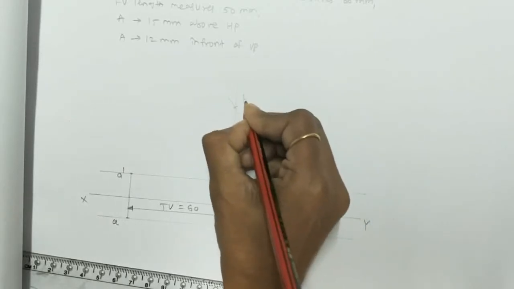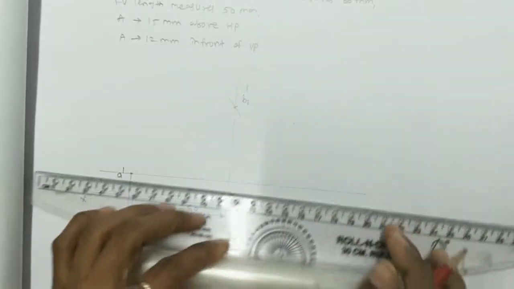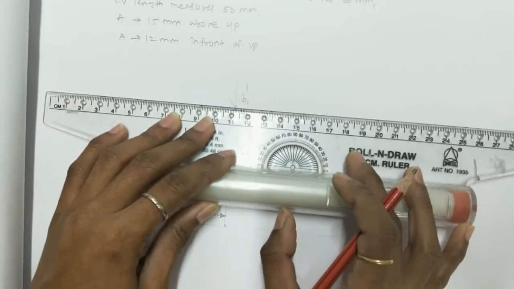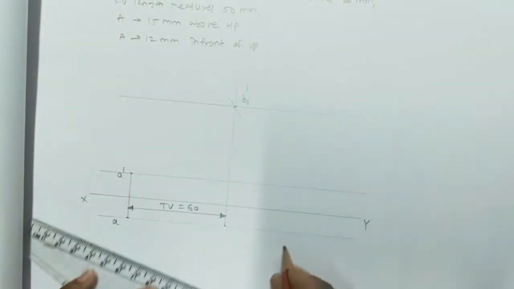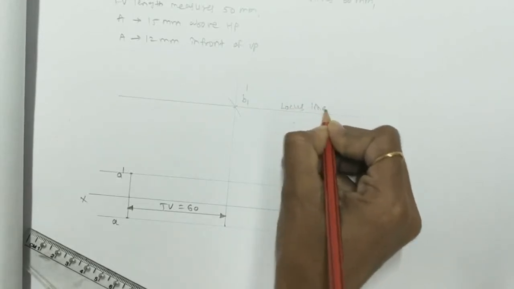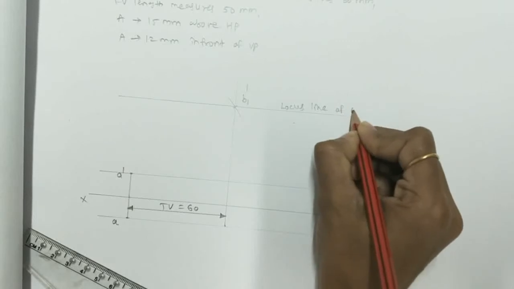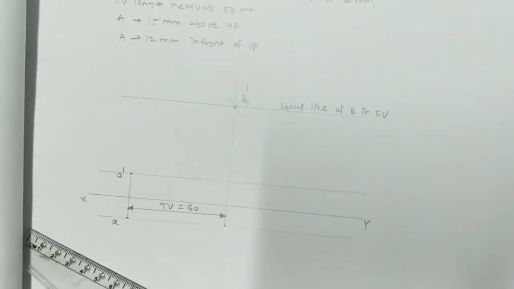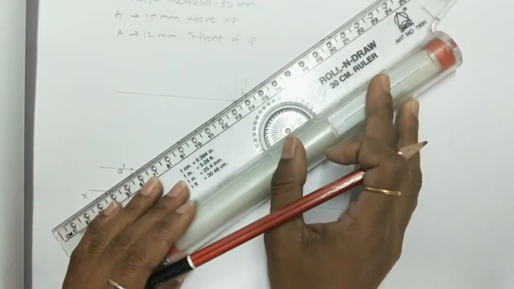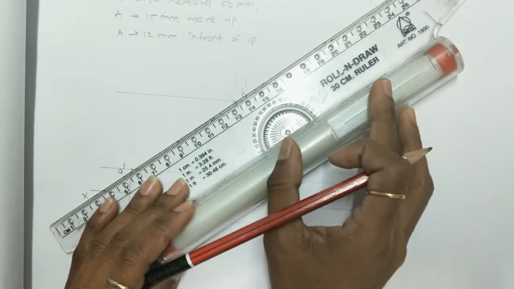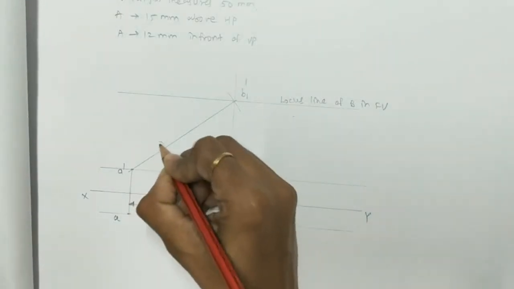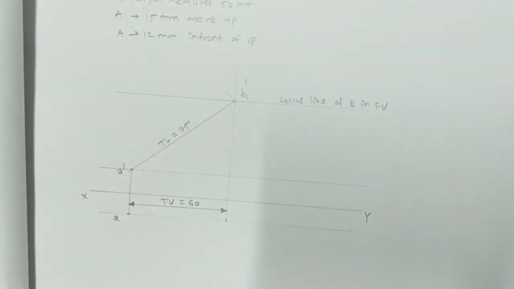I will give name to this point as point B1 dash and draw a horizontal line from point B1 dash and give name to this line as locus line of point B in front view. Now you can join this point A dash and point B1 dash. So this is the true length, which is 75 mm.